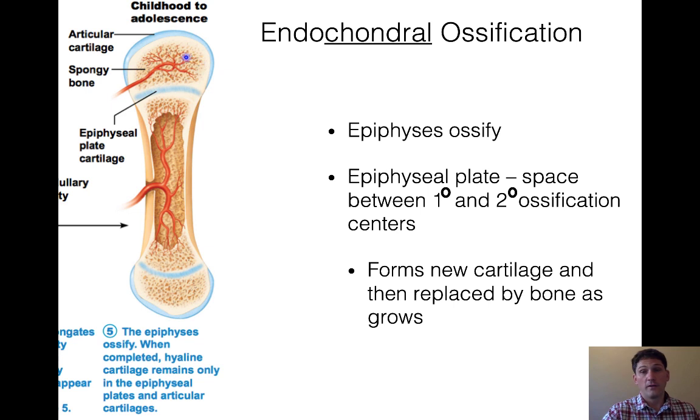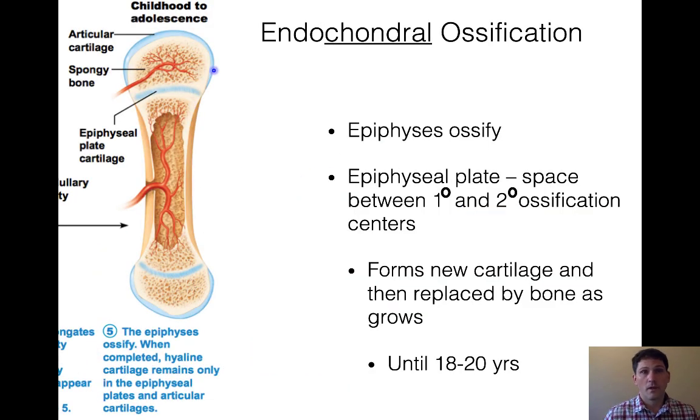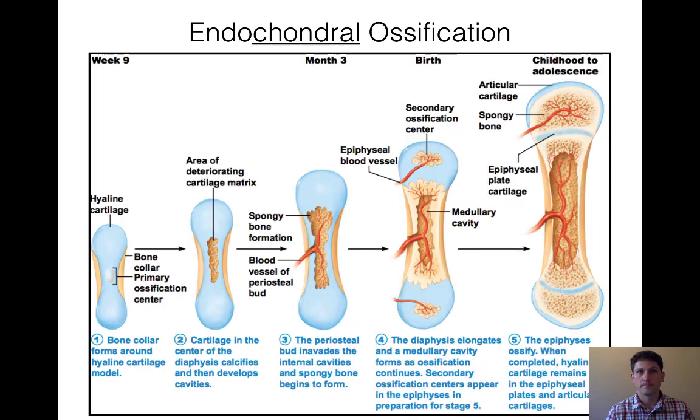So we have new cartilage that's then replaced by bone as it grows, and we're going to look at that process here soon. And the last thing is that we can see the articular cartilage on the ends of our long bones at our joints, which is reducing friction and reducing bone-on-bone rubbing.